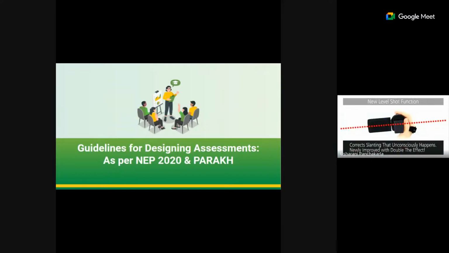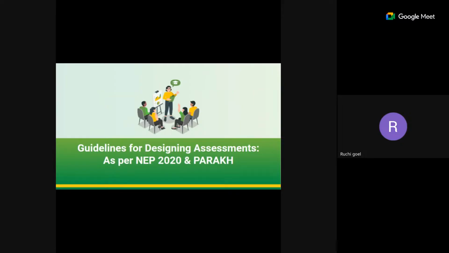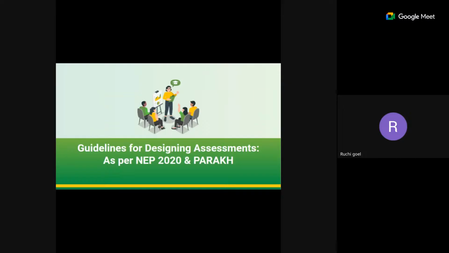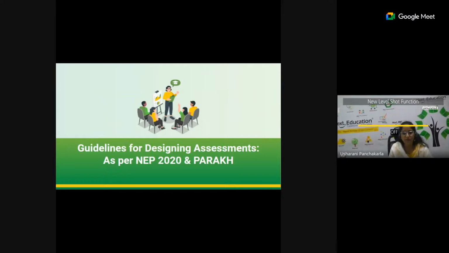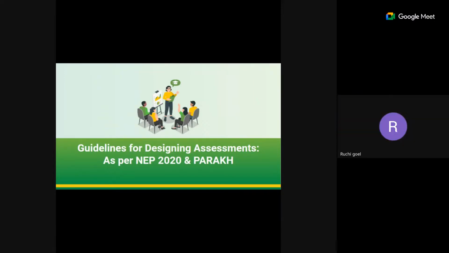But coming to an assessment and a test, can anyone else try? Ma'am, I wish to say something. Test is a tool to do assessment. Yes, very good, you're right. What is an assessment? Assessment is gauging the child on so many parameters, assessing the child.